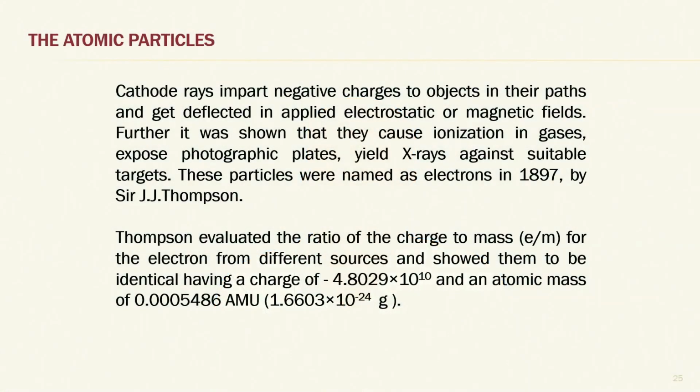So, what did he do? He said, okay, let me measure the mass of these particles, let me measure the charge of these particles, and then see how they compare. So, he showed them to be identical, having a charge of minus 4.8029 into 10 raised to minus 10 and an atomic mass of 0.000548 atomic mass units, or if we want to convert them into grams, it is 1.6603 into 10 raised to minus 24 grams.